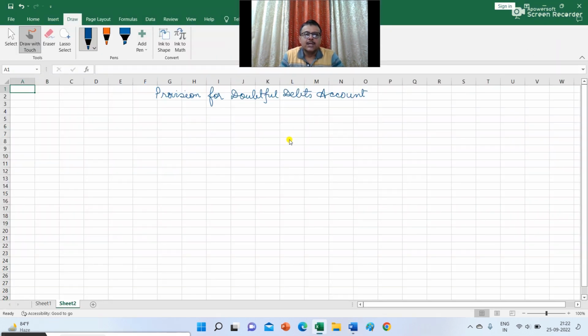The first ledger that we are preparing here is the provision for doubtful debts account. So, it is given that on 31st March 2021, the first time the provision for doubtful debt is being created. So on 31st March 2021, I am writing here on the debit side as to balance c/d. So this is the required amount of provision on Sundry debtors, which is created at 5% of the debtor balance.